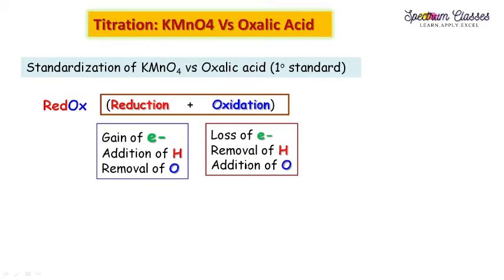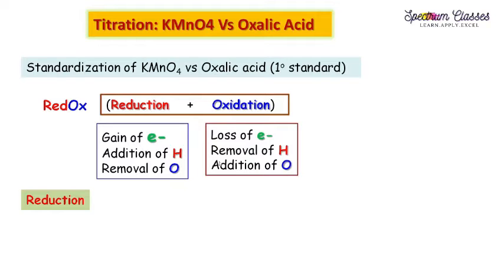What is the meaning of all such terms, we are going to discuss in the electrochemistry videos in detail. This is just for your information, so that you have a brief overview about the terms reduction and oxidation.